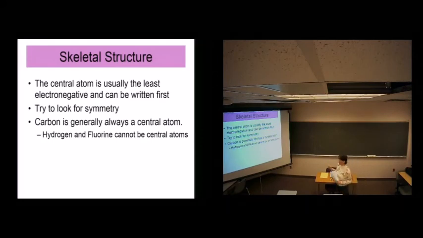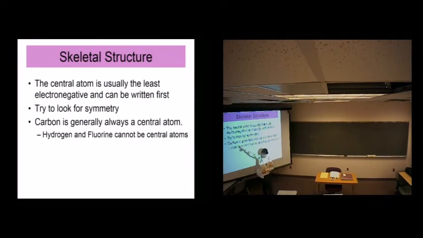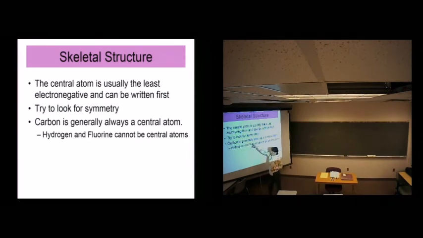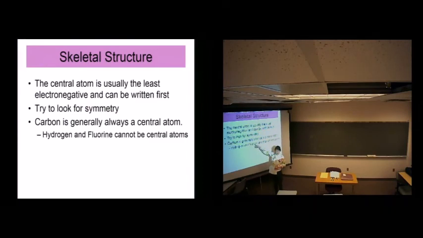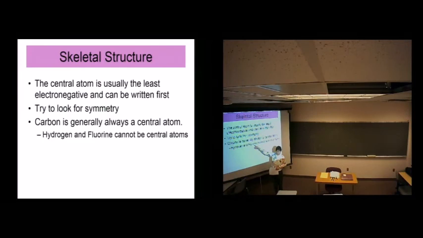So hydrogen will never be a central atom. And fluorine usually is not a central atom. It can on occasion, but usually not. So hydrogen, never. Fluorine, usually not. Sometimes it will. Okay, so there's another clue.